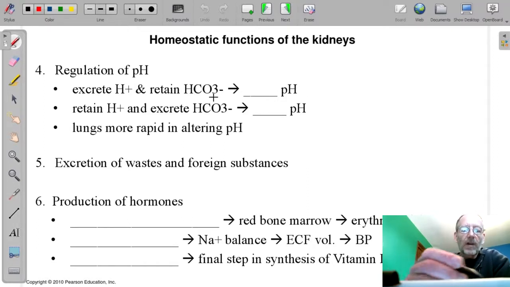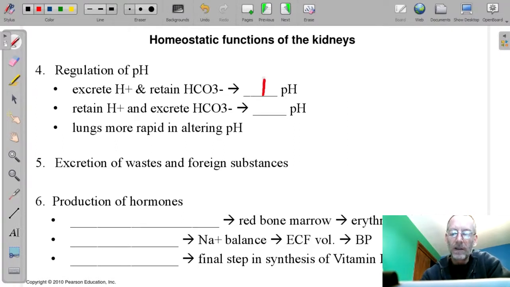So think about what happens here if we are regulating pH in the kidneys and we excrete hydrogen and we retain bicarbonate. What's that going to do to the pH? Think about just getting rid of hydrogen, lower hydrogen ion concentration, and that will raise the pH. Conversely, if the kidneys retain hydrogen and excrete the bicarbonate, we add more hydrogens, and that will lower the pH.